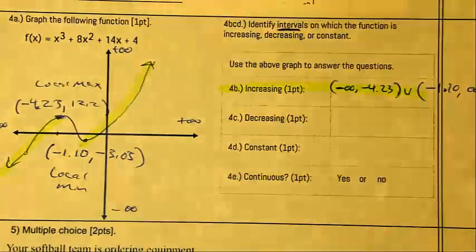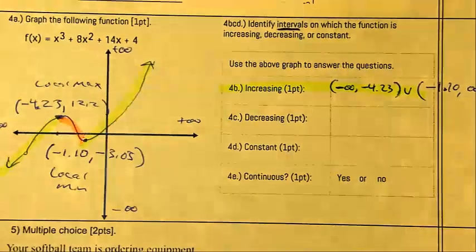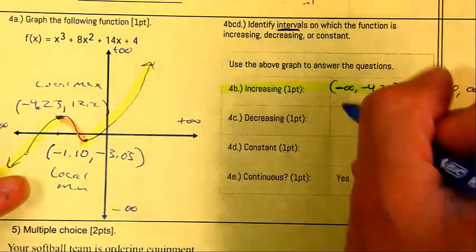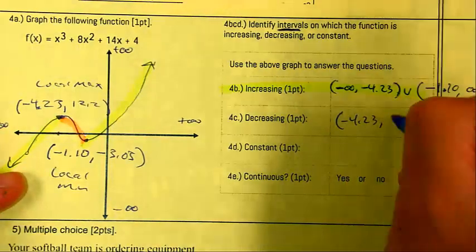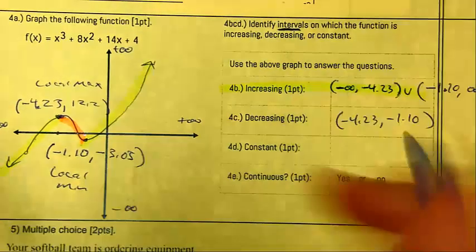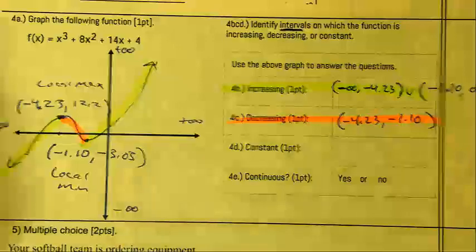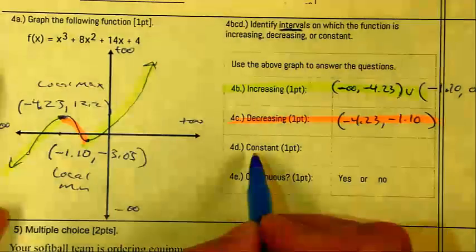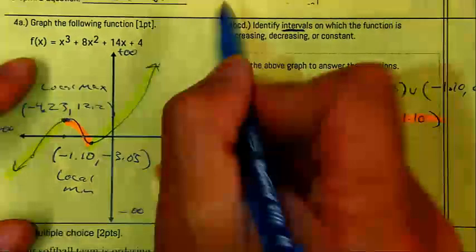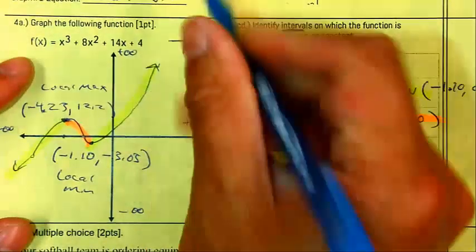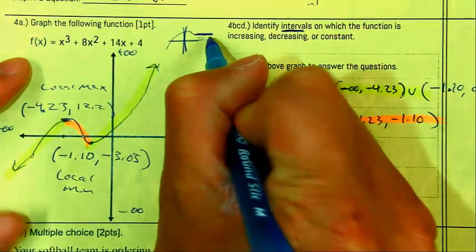Where is the graph decreasing? Well, it's going down between these 2 points. So you can say between negative 4.23 and negative 1.10. Now the word constant means if there was like a piecewise function and maybe your graph looks something like this, something crazy, and it was straight, that would be the constant part that we're talking about.